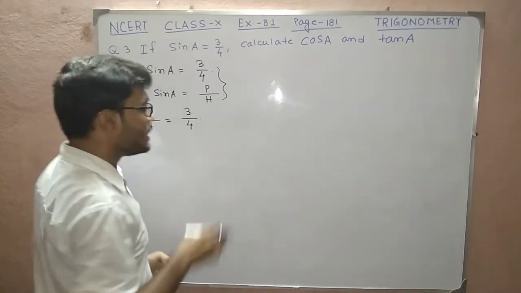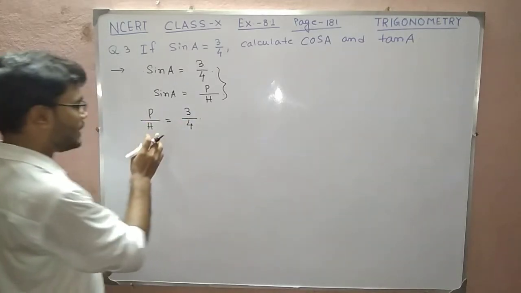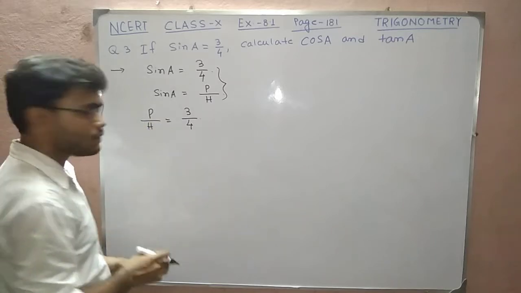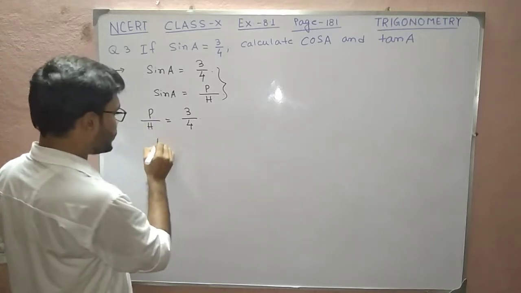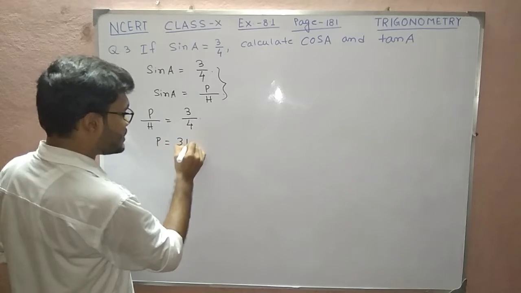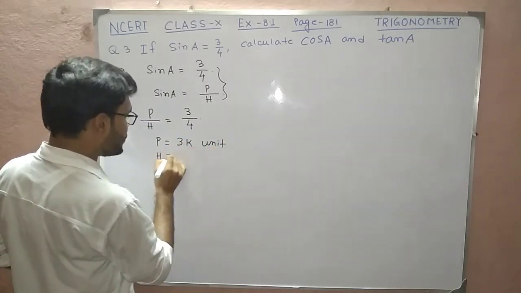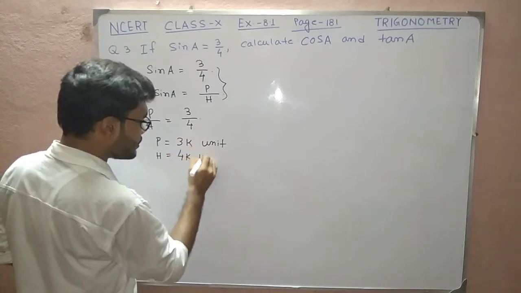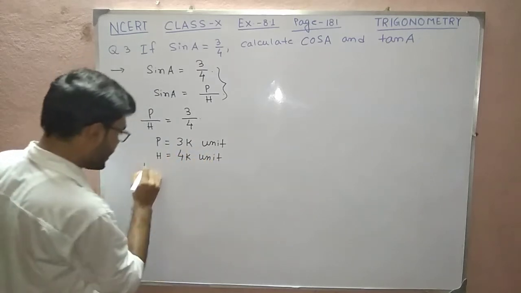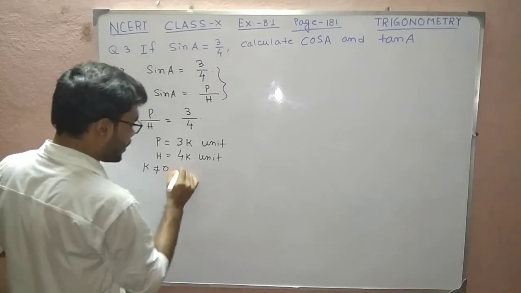Therefore you have got the ratio of the perpendicular and the hypotenuse. From this you can take perpendicular as 3k unit and hypotenuse as 4k unit, where k is a constant, not equal to 0.